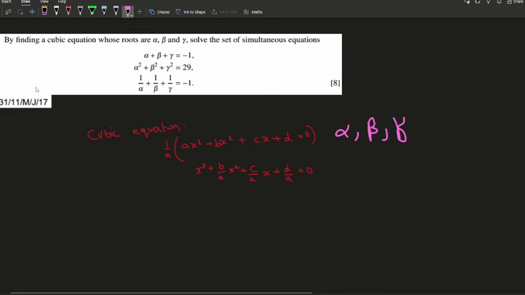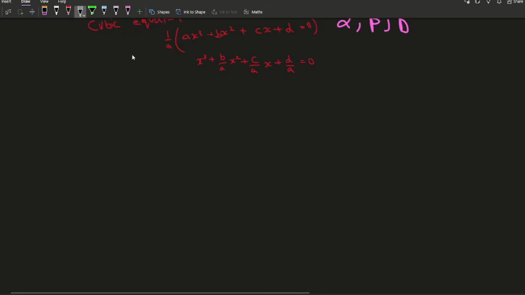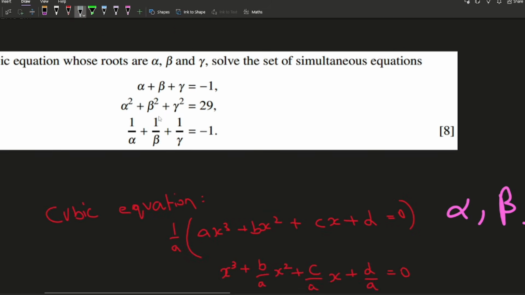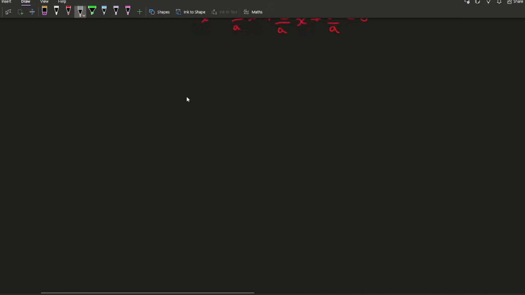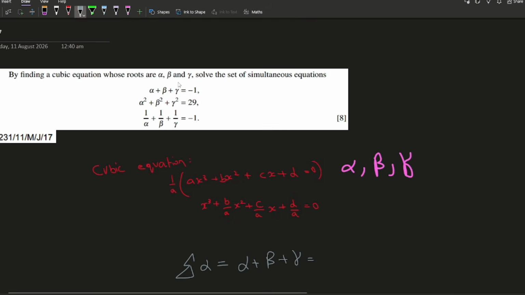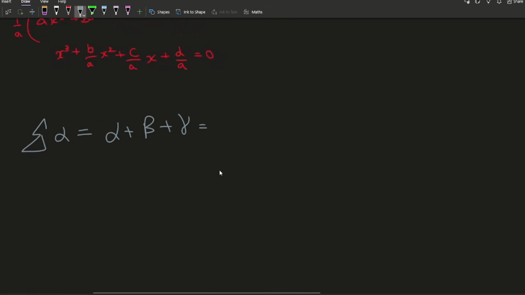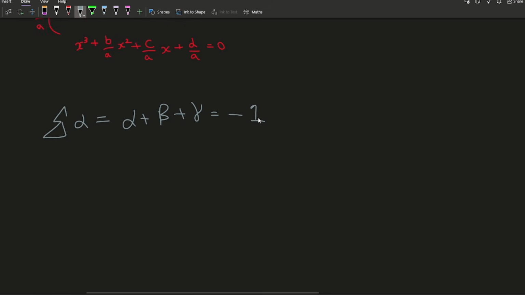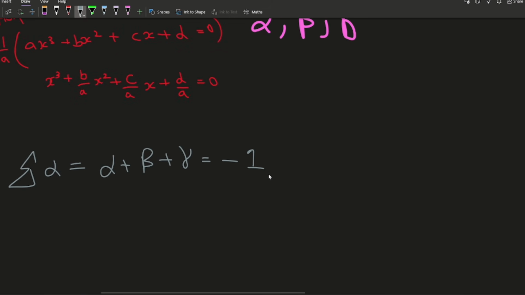We are given that the sum of roots, alpha plus beta plus gamma, equals -1, right? And we know that this also equals minus b over a.